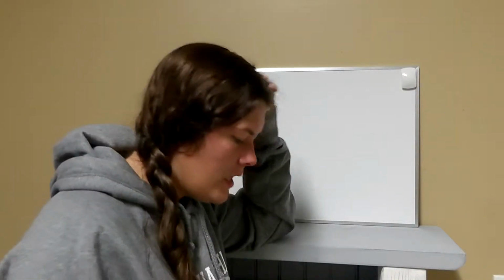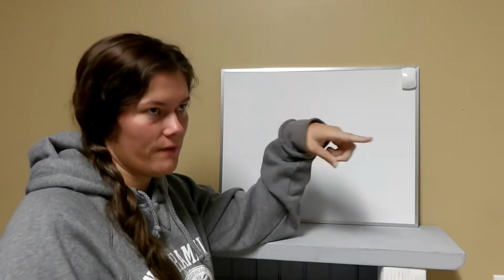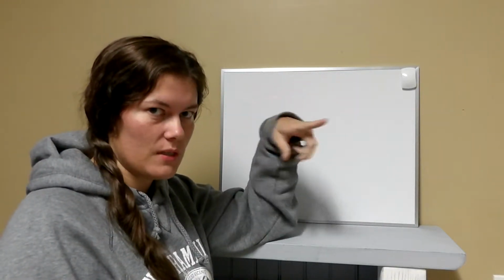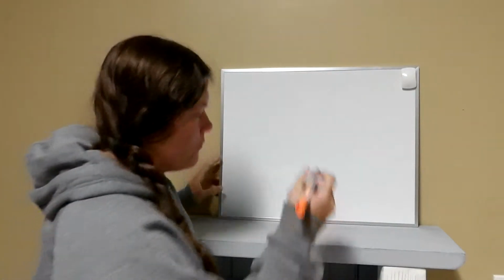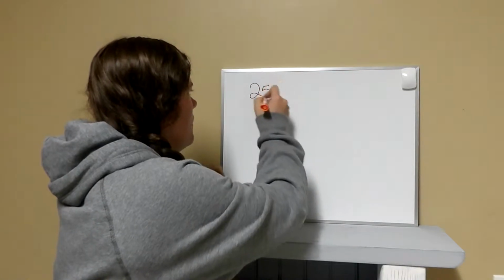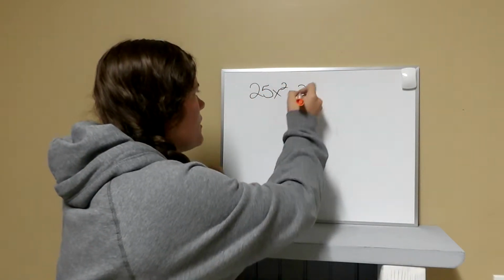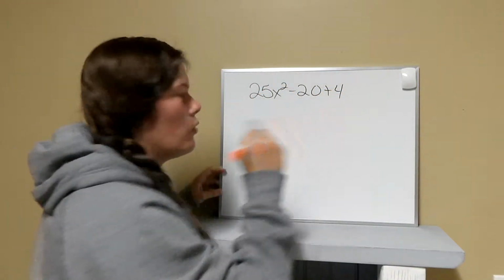The first one, I'm going to go over it really fast, is recognize the characteristics of a PST, which is a perfect square trinomial. So PST, perfect square trinomial. With them, I'm going to go 25x squared minus 20 plus 4.